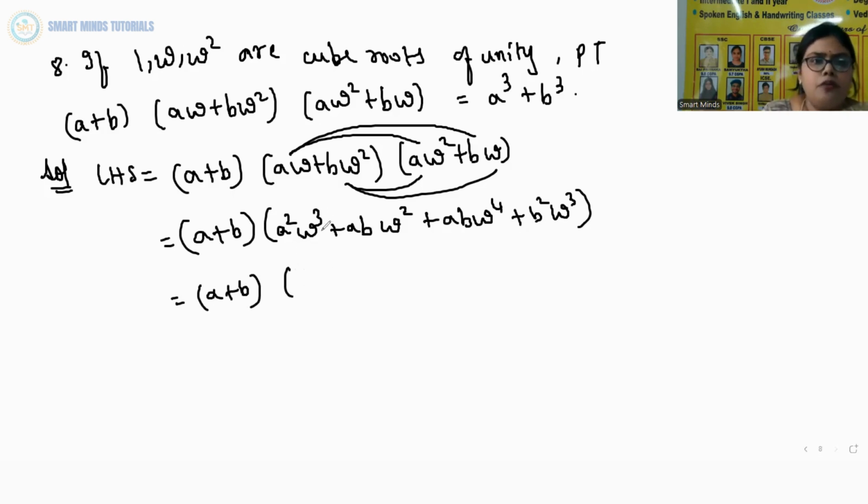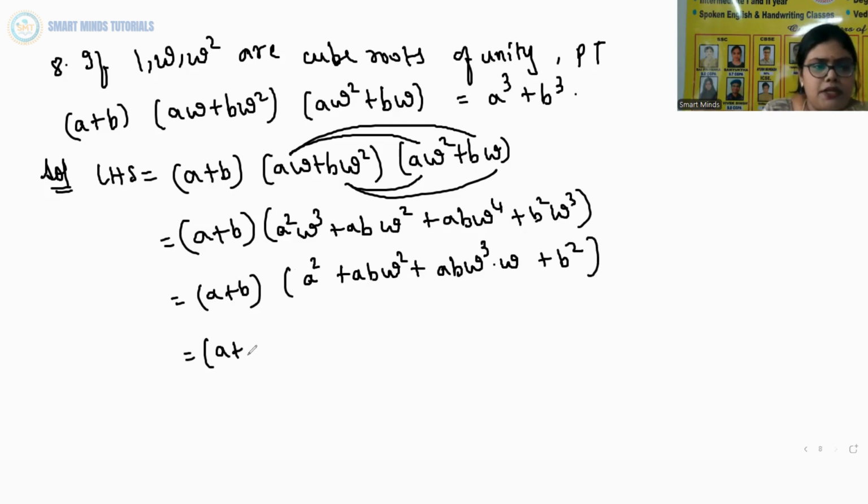Now omega cube is 1, right? So wherever we have omega cube, I am writing 1. So that is a square into 1 will become a square, plus ab omega square. And here omega power 4 I can write as omega cube into omega, plus b square, because omega cube is 1.